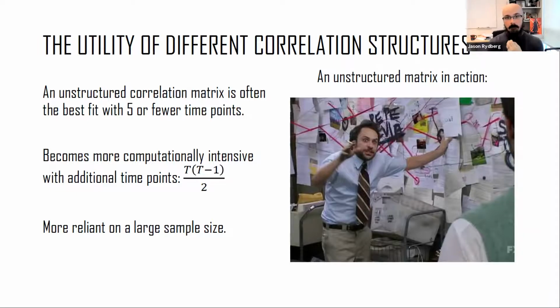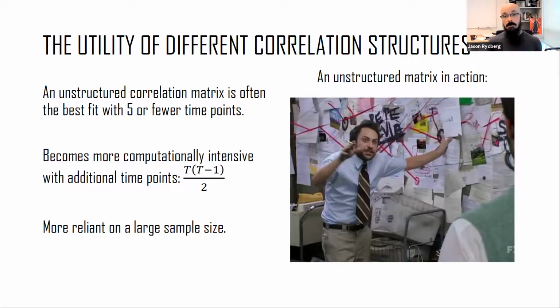However, if you have more time points than that, so let's say I've got 50 US states or 3,000 US counties, and I have them at 20 different measurement points. Think about how large that unstructured matrix would be. Every single pair of time points would have a uniquely estimated correlation. That's very computationally intensive.